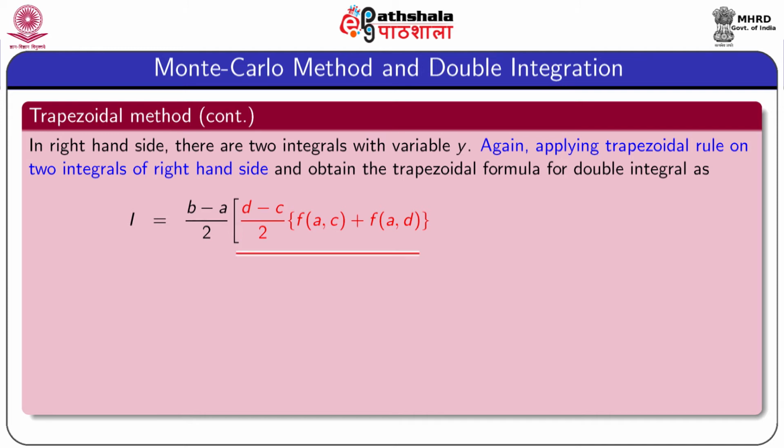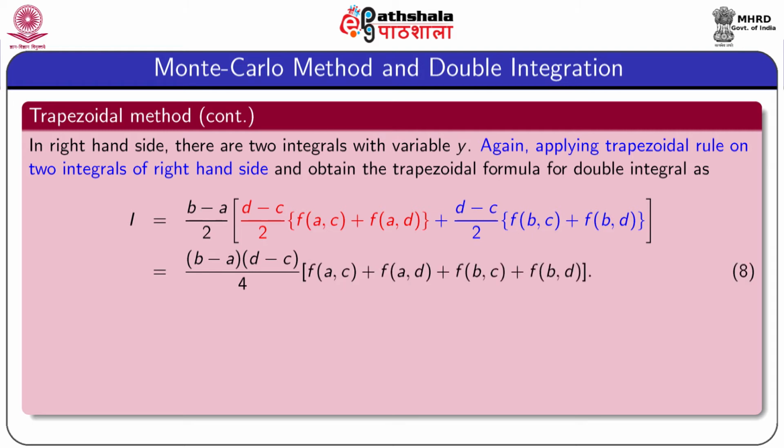This is nothing but (d minus c) by 2 into f of a comma c plus f of a comma d, and the second integral gives a similar expression. This is also obtained by the trapezoidal method, and after simplification I reduces to equation 8, that means (b minus a) into (d minus c) by 4 times f of a comma c plus f of a comma d plus f of b comma c plus f of b comma d.